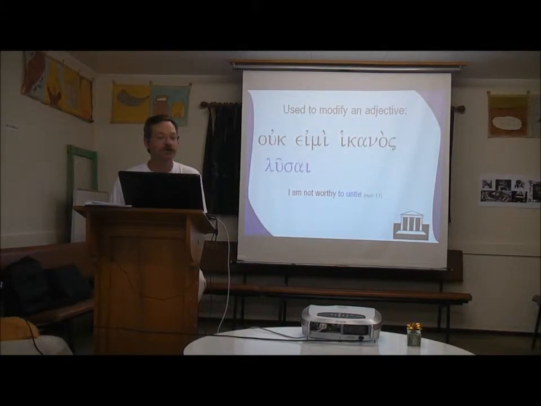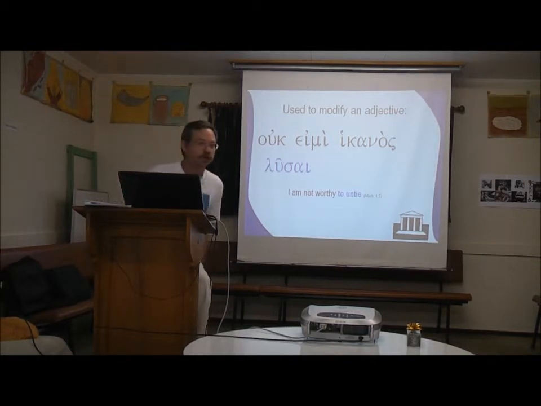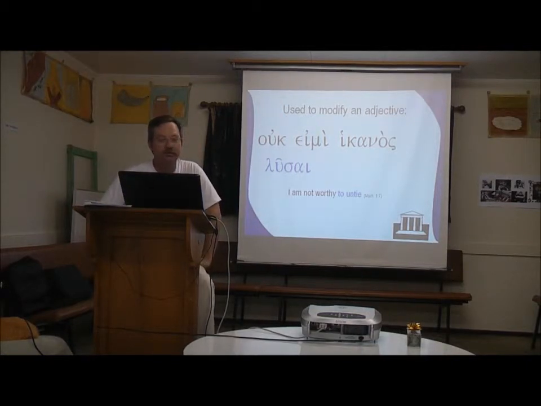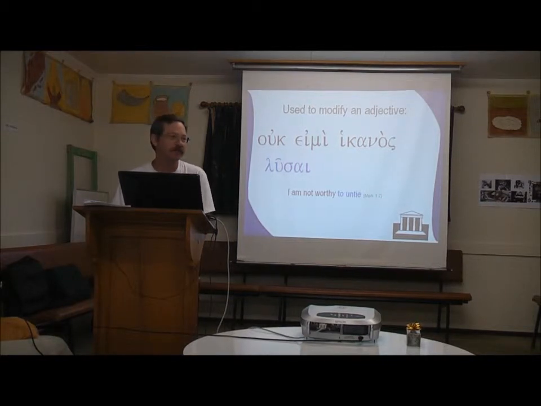And then luci is an infinitive form of the verb luo, which means to loose or to untie. And so in this case, the adjectival use of the infinitive is being used to modify another adjective. But it's easy enough to see how that works.